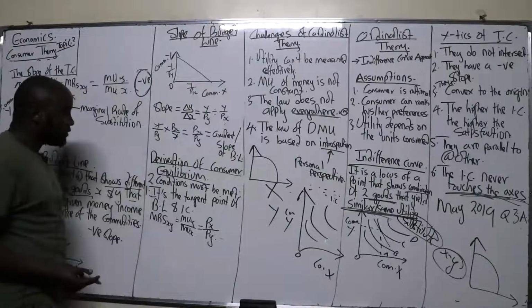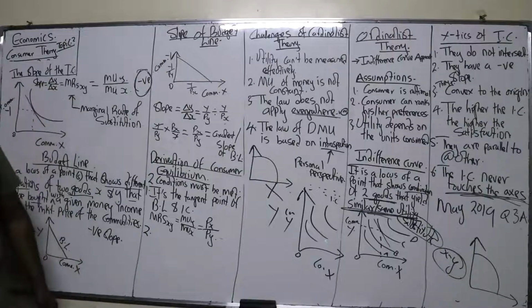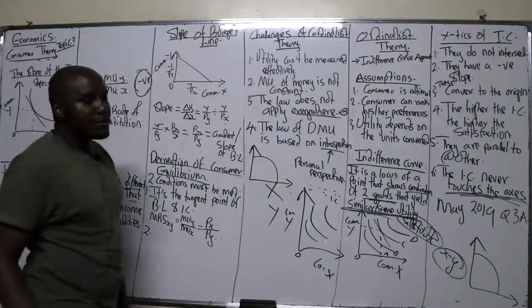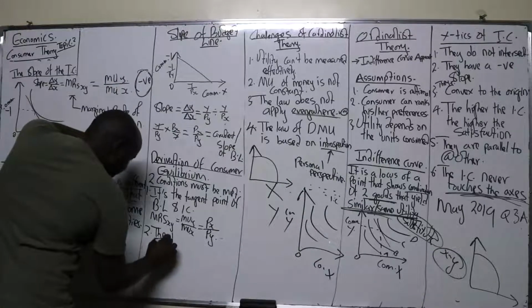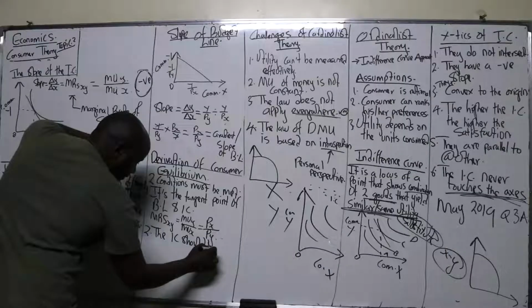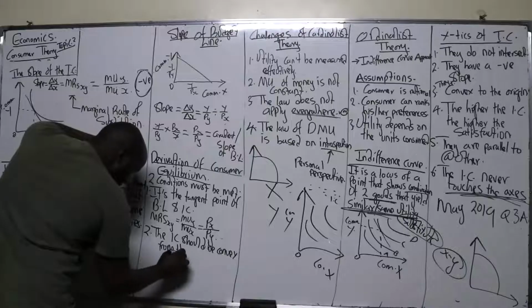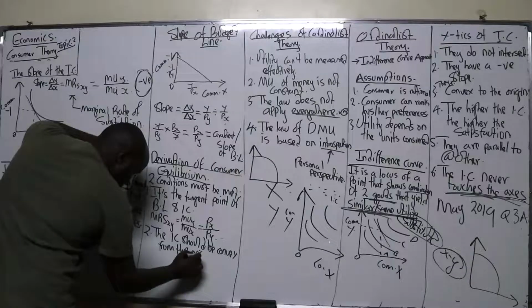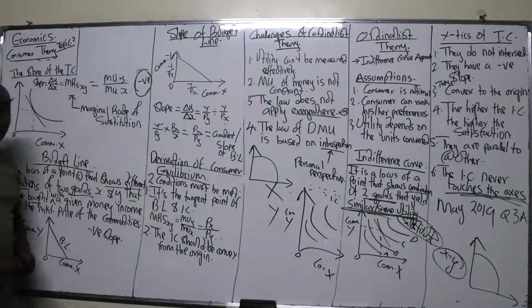That's number one. Number two is that the indifference curve should be convex from the origin.